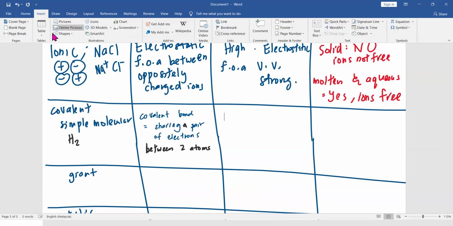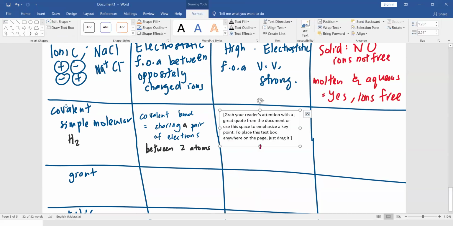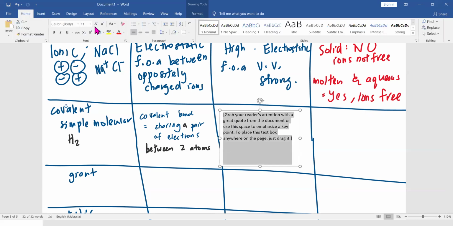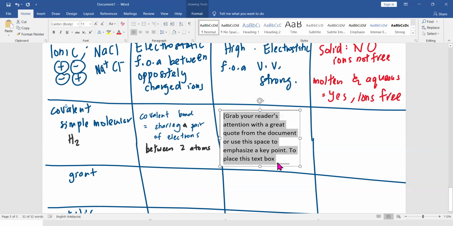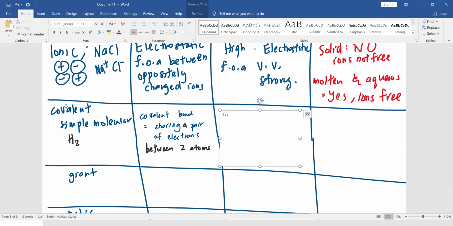I'll write bigger. So it's low melting point and boiling point.